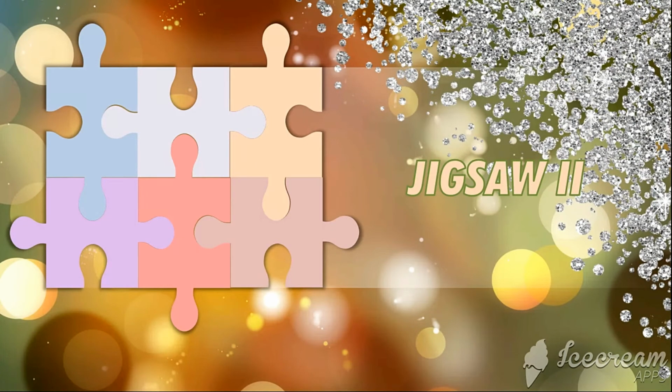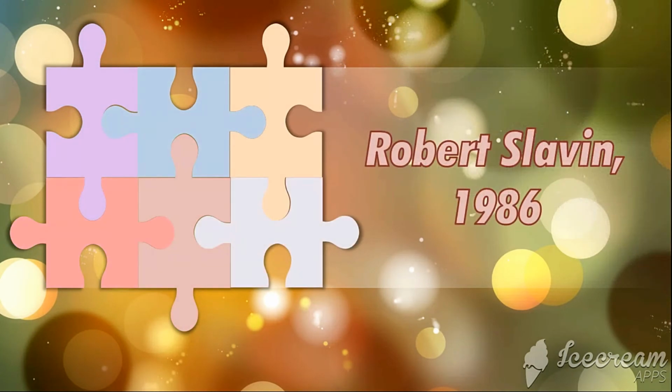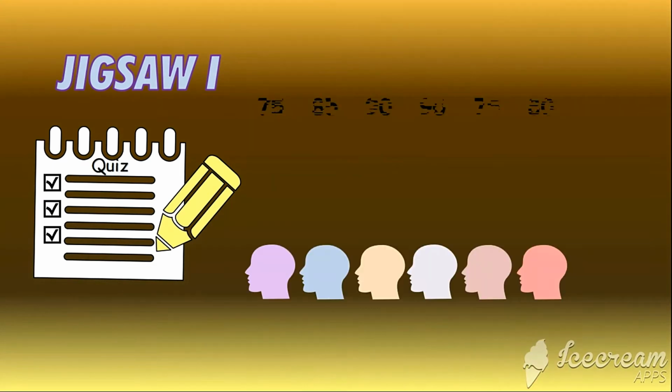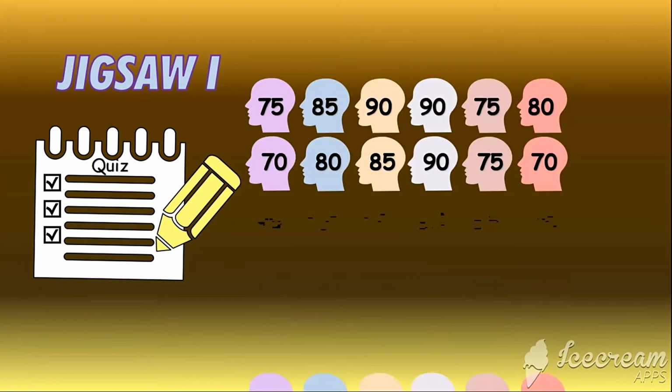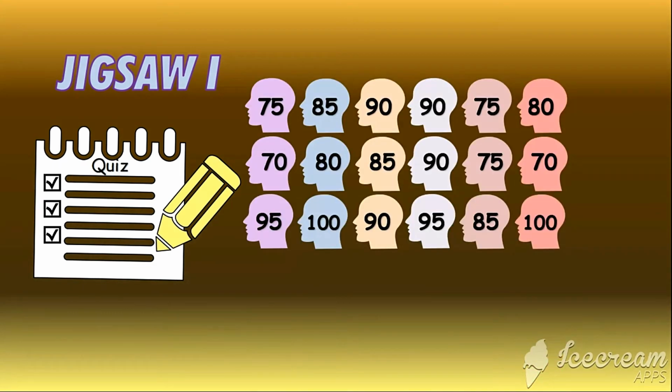Jigsaw 2 is a variation on the basic structure of Jigsaw. Developed by Robert Slavin in 1986, Jigsaw 2 makes one significant tweak to the basic Jigsaw. The difference is in how the assessment is treated. In Jigsaw 1, the students are assessed individually and receive just one score.